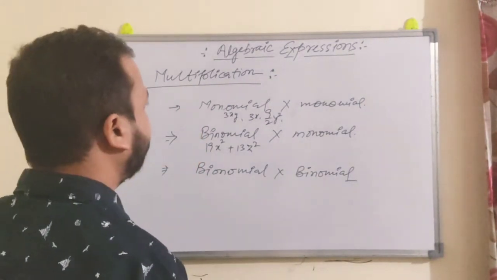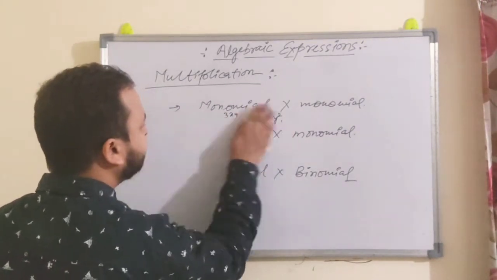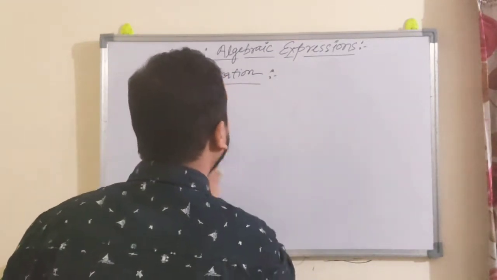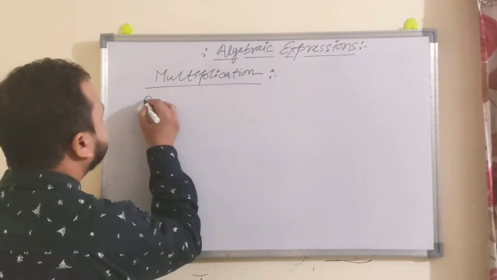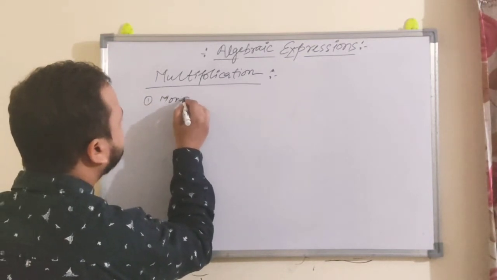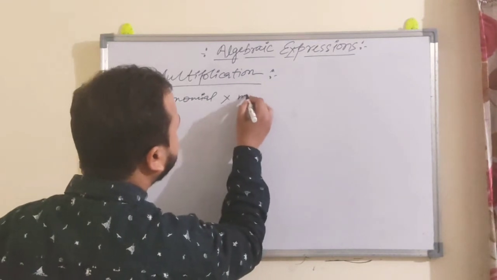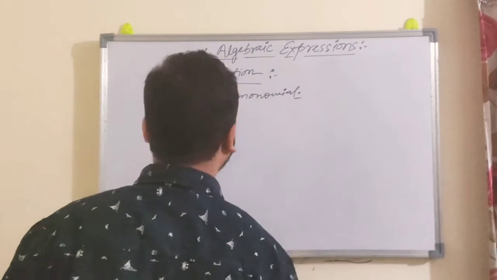Now we are going to start with the first type, that is when a monomial is multiplied with a monomial.